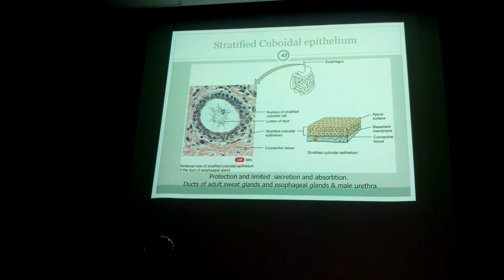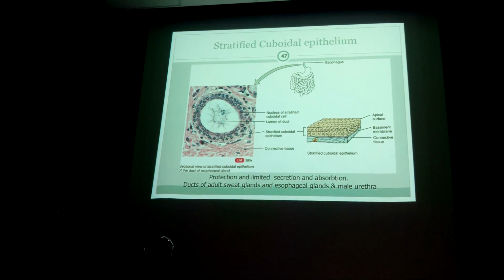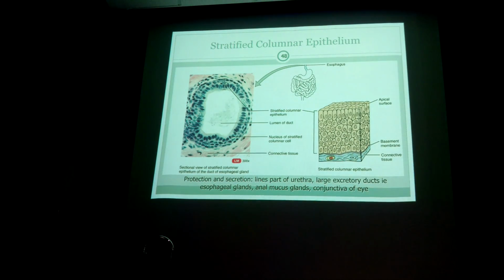And where would you find that? The linings of the lung, the capillary beds, that sort of thing. That's just to give a general understanding. We haven't even studied these organs, so we're just looking at cell types right now.